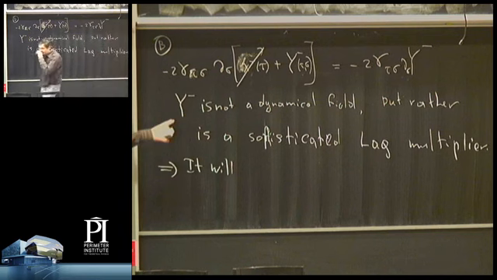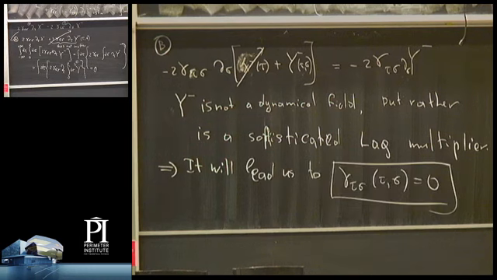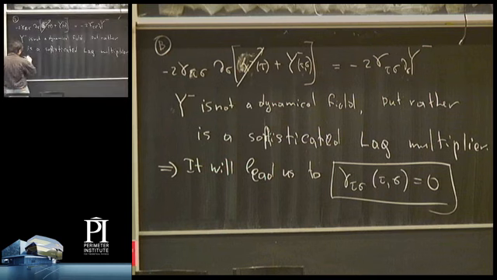So it's a sophisticated Lagrange multiplier. So it doesn't lead to any equations of motion, it just imposes constraints. What we will do now is try to figure out what those constraints are and what will be the upshot.